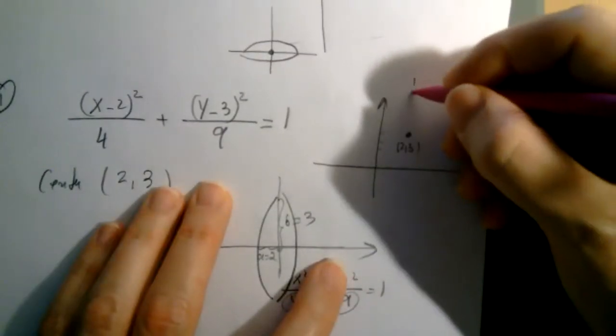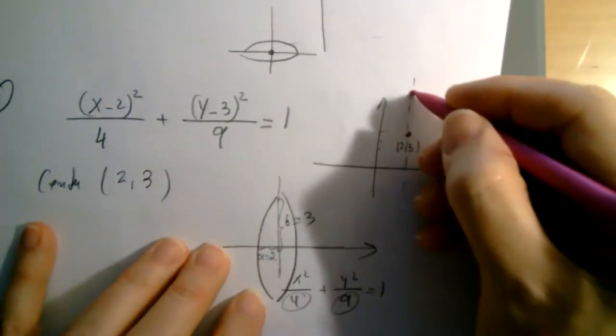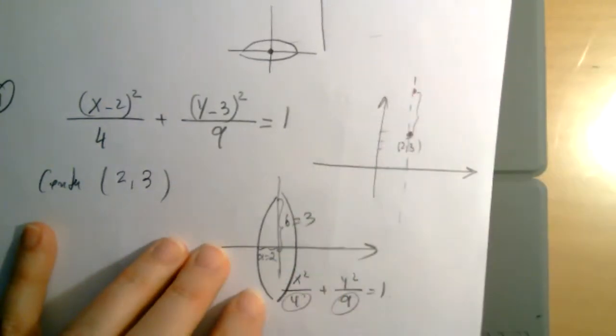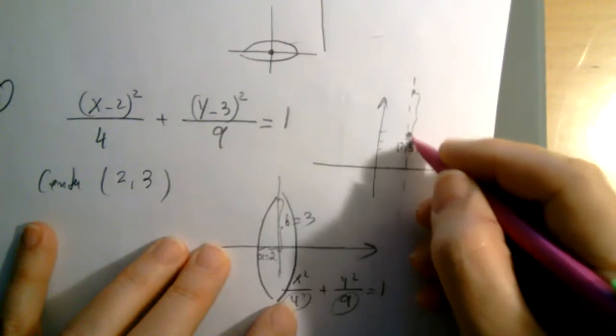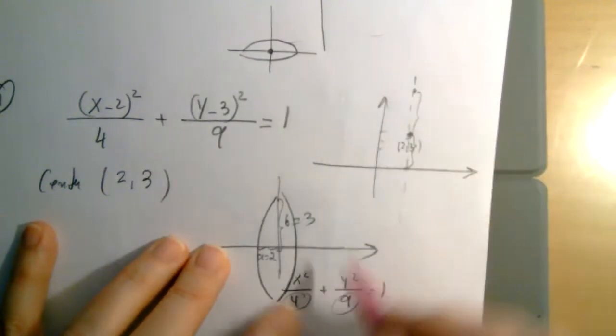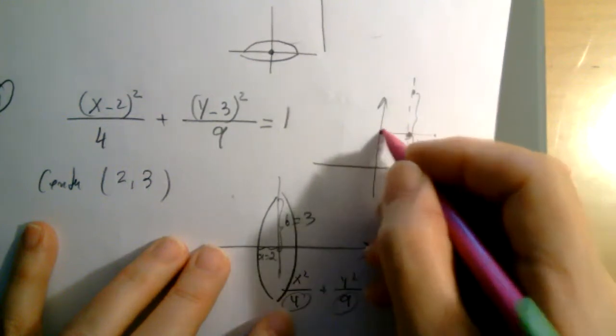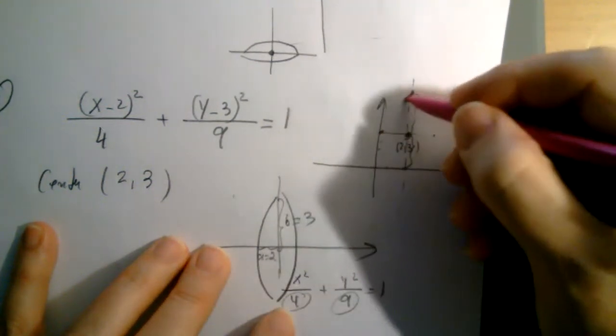So my center is (2, 3). My b is 3, so I'm gonna go up 3 units and go down 3. It's not really very accurate. And my a is 2, so I'm gonna go 2 from here and 2 from here. So now this is my ellipse.